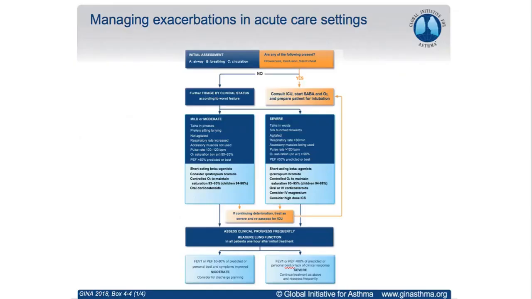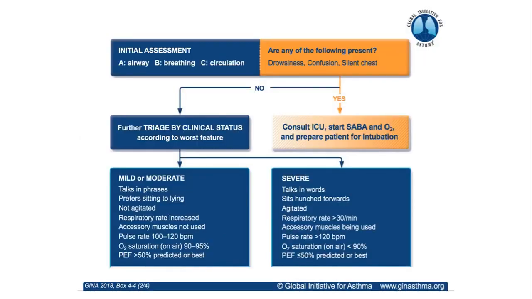Diagnosis we talked about. Assessment and treatment: initial airway, of course in the emergency, airway, breathing, circulation, ABC, and then mild and moderate. Mild and moderate patients speak in sentences, prefer sitting to lying, are not agitated, respiratory rate increased but not more than 30, pulse rate from 100 to 120, oxygen saturation from 90 to 95, and peak expiratory flow more than 50. Severe is less than 50 predicted.